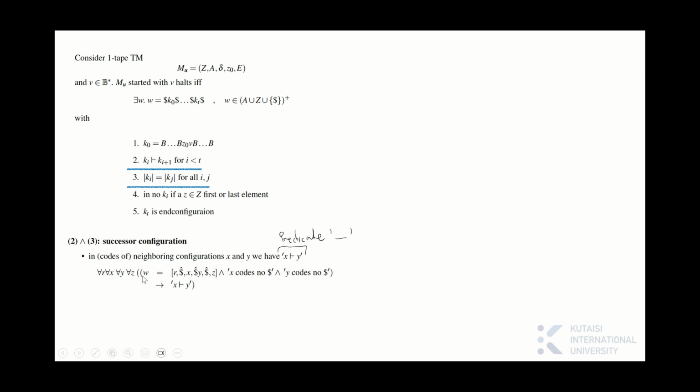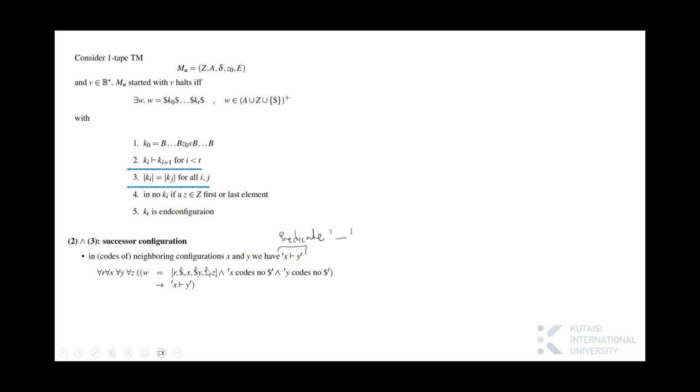This would mean that W starts with something, K0, which will be fixed from sentence 1, because if sentence 1 is true, then R will be fixed as it was in the previous slides. And then we have a dollar sign, something that codes dollar. So we're moving here to K1 now. Then X, dollar, Y, dollar, Z.